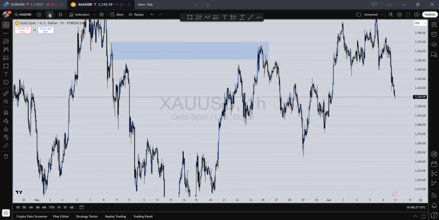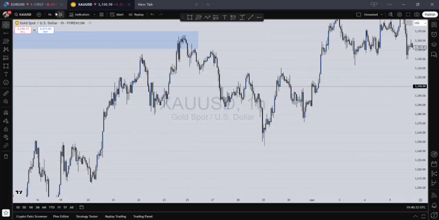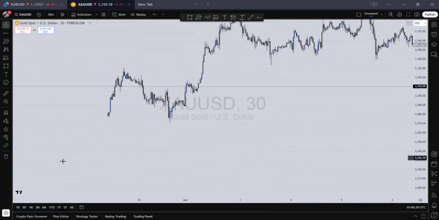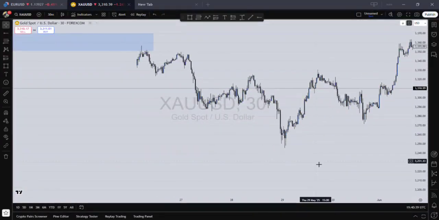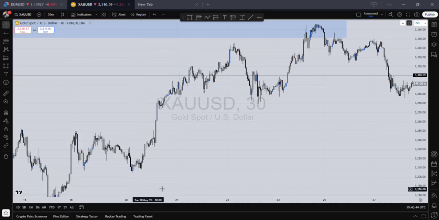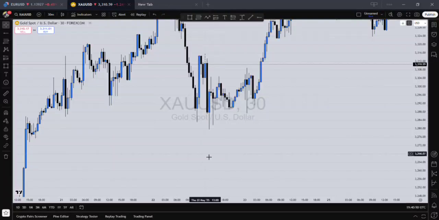But then there's a setup that looked like this model that I'm just teaching you guys. I think it's clearer in, is it clearer in 30 minutes now? The model is.